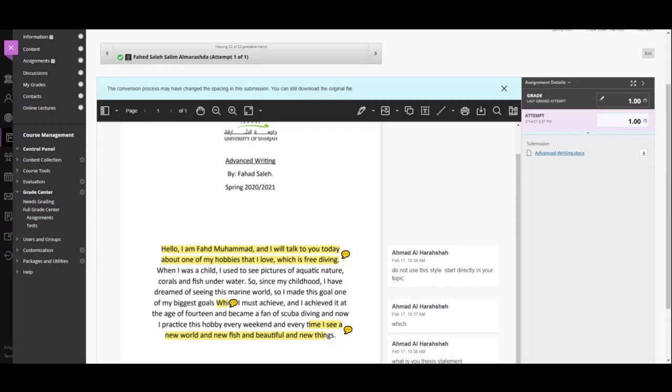Because you are writing to your audience, to your readers. You may expect that you have thousands, maybe millions of readers in the future. Inshallah, you will be so famous when you become a professional writer. You will have readers from all over the world. So this style is unacceptable. Don't use this style in writing.